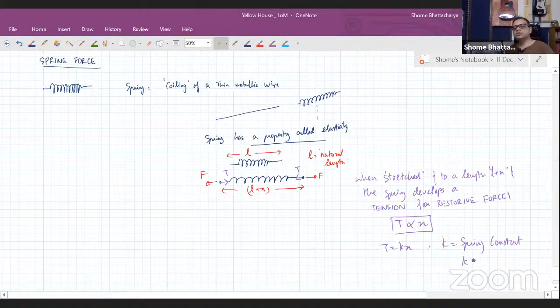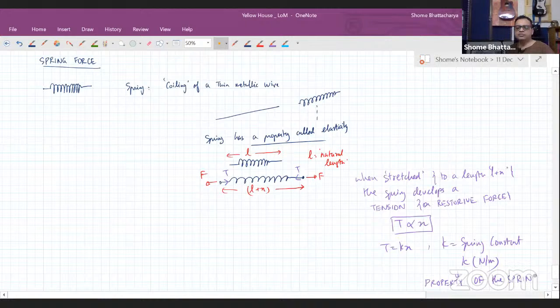The spring constant is expressed in newtons per meter. So this is a property of the spring. Any spring has a particular value of spring constant, and that spring constant depends on a lot of things, including what metal the spring is made of, the length of the spring, the density of the coiling, the shape of the coiling exactly.